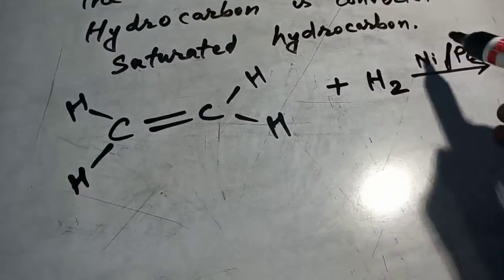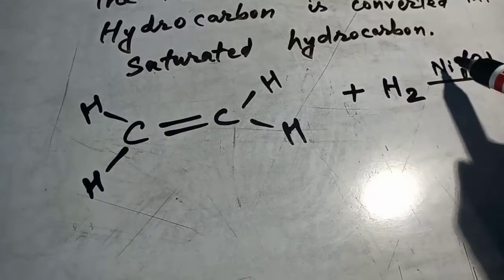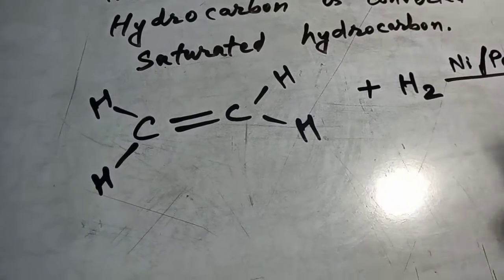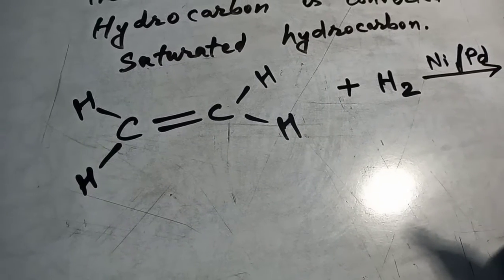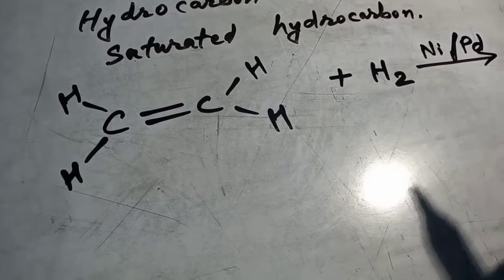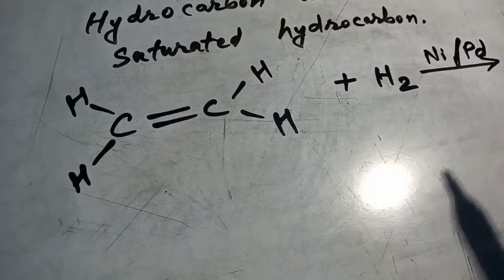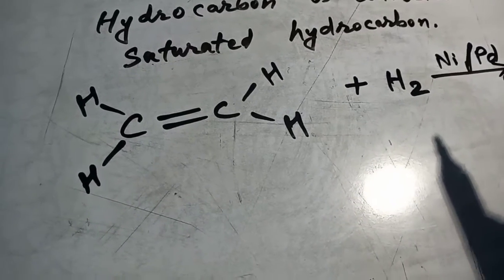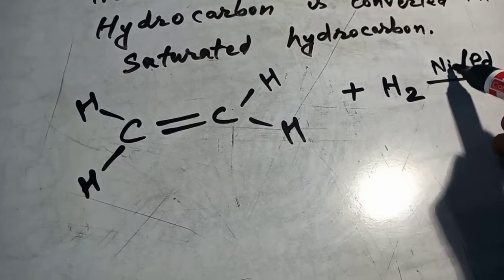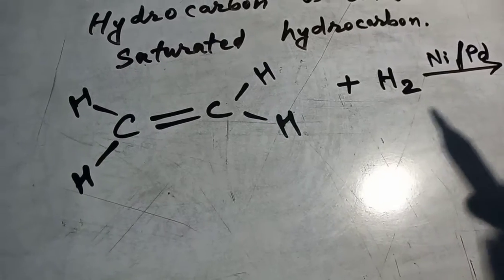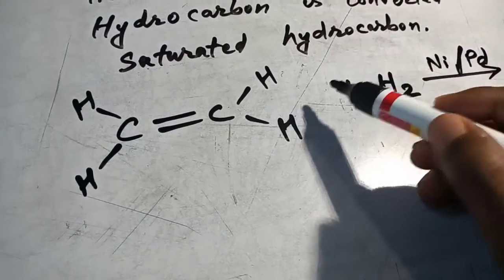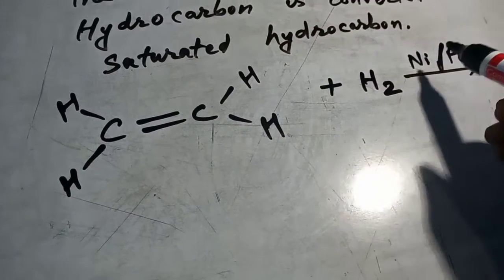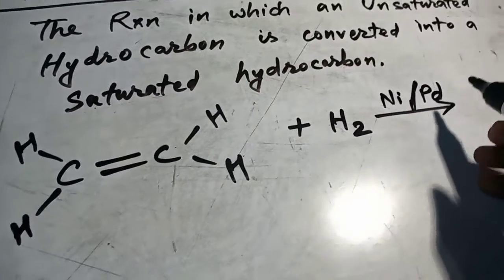Catalyst is the substance which can speed up or increase the rate of a chemical reaction. This substance does not increase or decrease the mass of reactant or product. So these are catalysts.